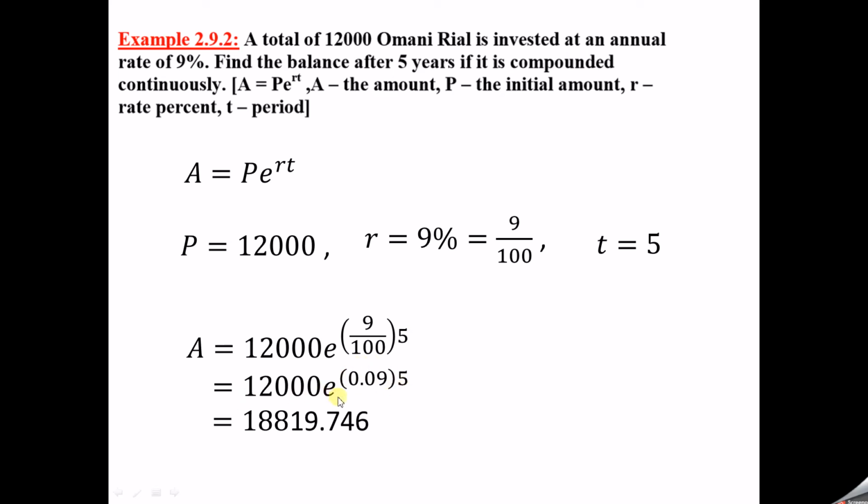So 12,000 times e power 0.09 times 5. Using a calculator, we can observe that this value is 18,819.746. So this is the amount we will get after 5 years if we make an investment of 12,000 at the rate of 9% per annum.